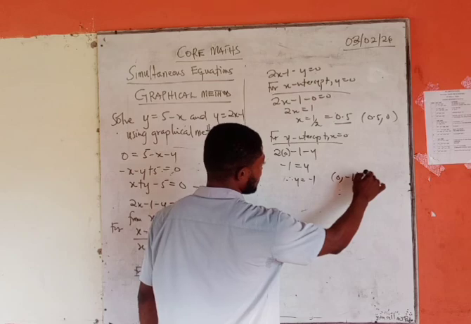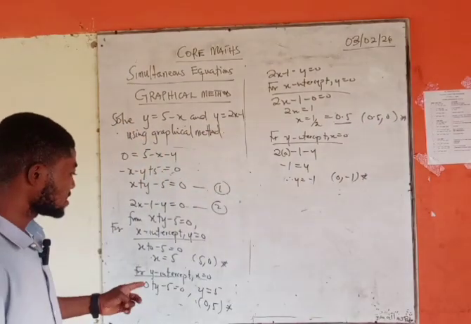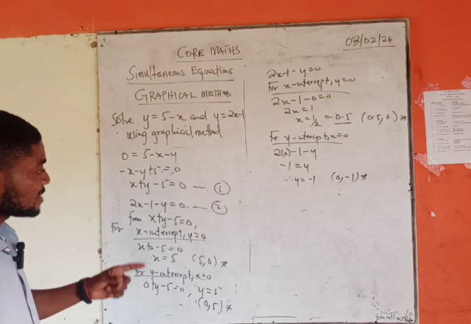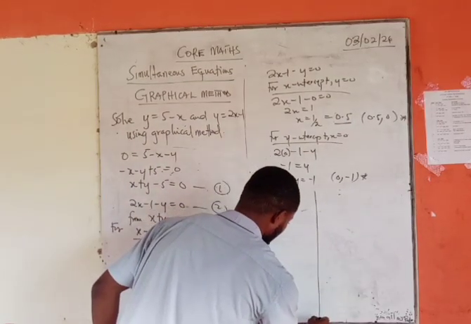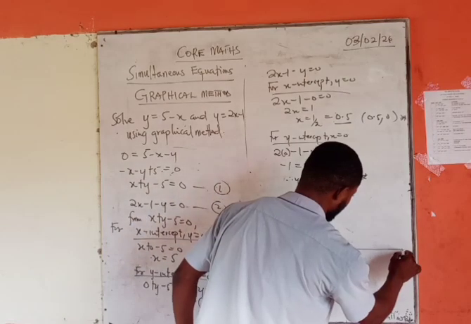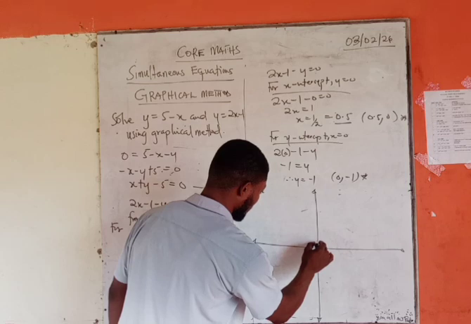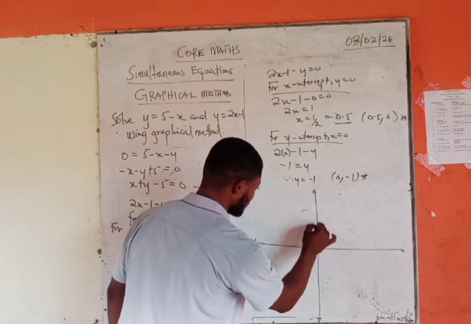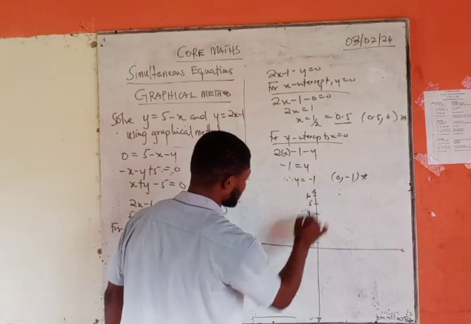Okay, now I can put this on the graph. The highest x value is 5 and the highest y value is 5. I don't know if this will be good enough to fit. I'm just improvising because I don't have the graph. So 0 here, 1, 2, 3, 4, and then 5, probably 6.